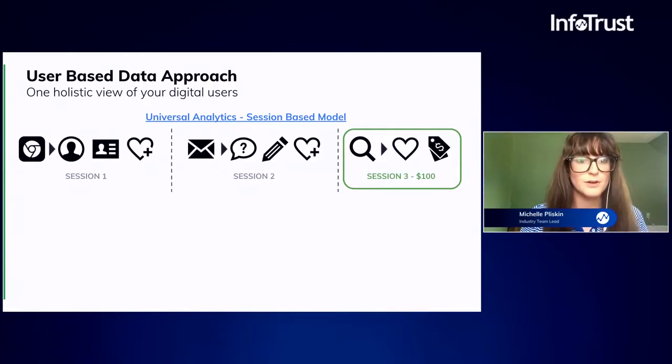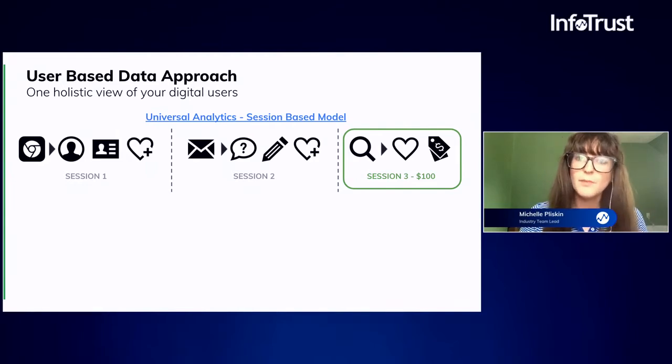So if a user has 3 different sessions, look at this example where they come to your website via a paid campaign, they set up their account, they go in and they favorite some items, but they don't convert. That session right now does not have any value.